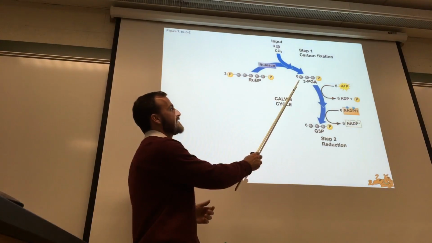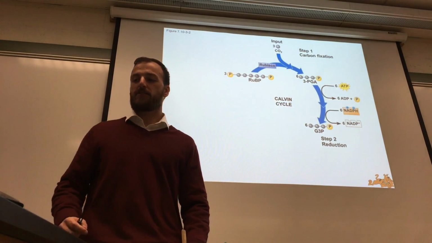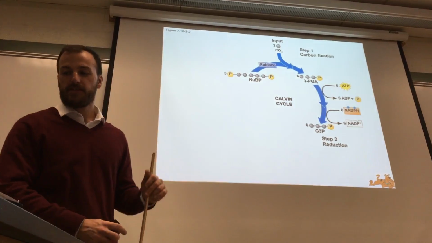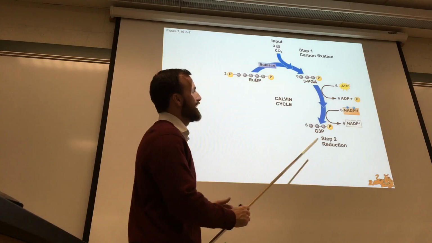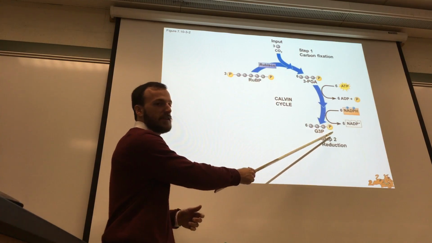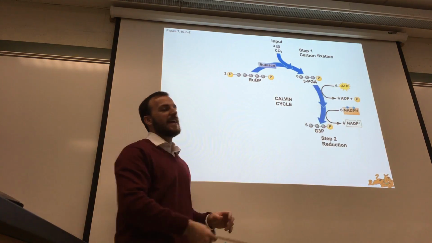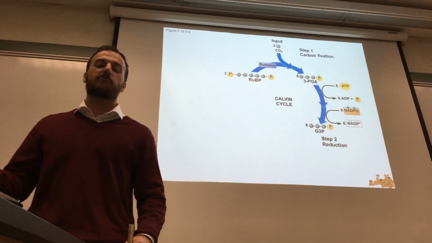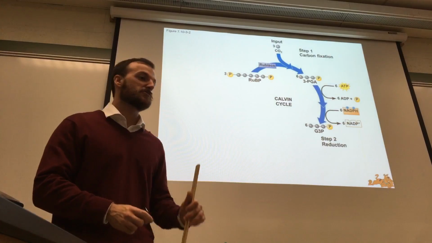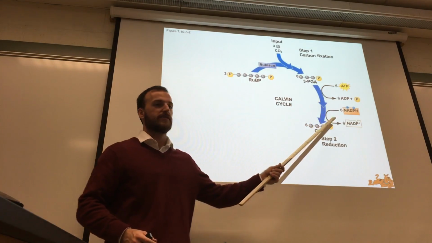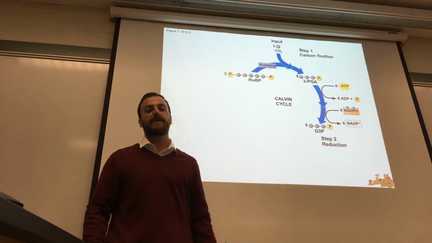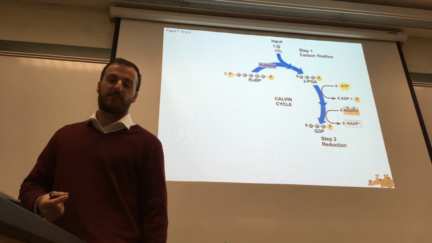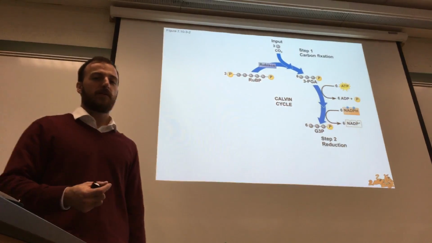Reduction. So these 6 3-PGA molecules are going to be reduced. In doing so, we are going to use the electron carriers and ATP to make that happen. So here we have the step by which we're taking our chemical energy, our electron carrier and our ATP, and we're putting it into our G3P molecule.